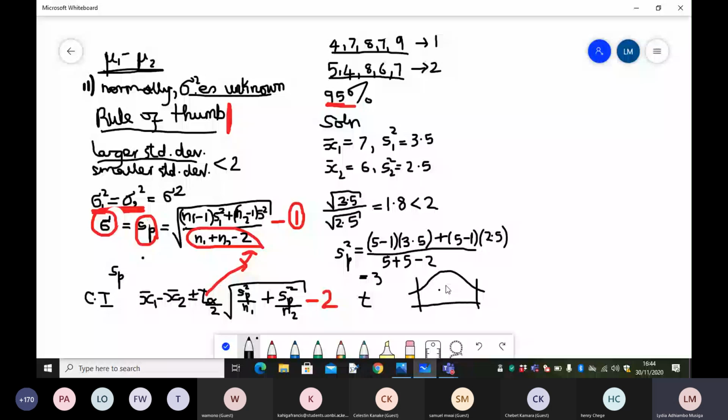If that is the case, then we are dividing 0.05 by 2. If we divide 0.05 by 2, then we have 0.025 on the right side, and also on the left side, the area should be 0.025.